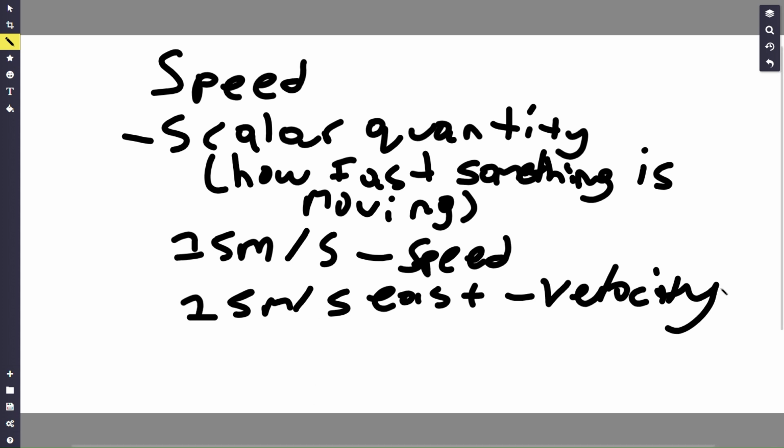So once again, speed is a scalar quantity, determines how fast something is moving. 15 meters per second is speed, while 15 meters per second east would be considered velocity.